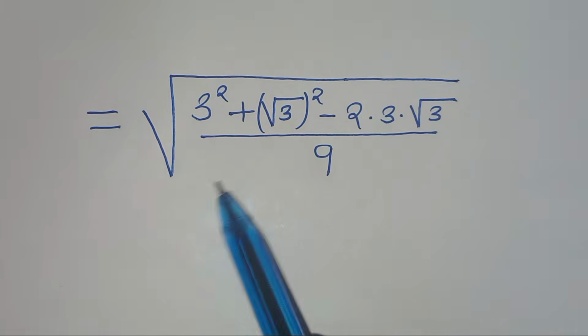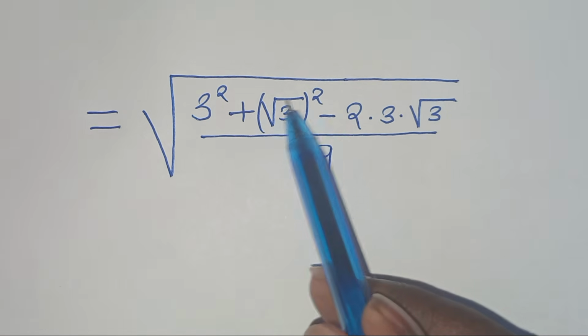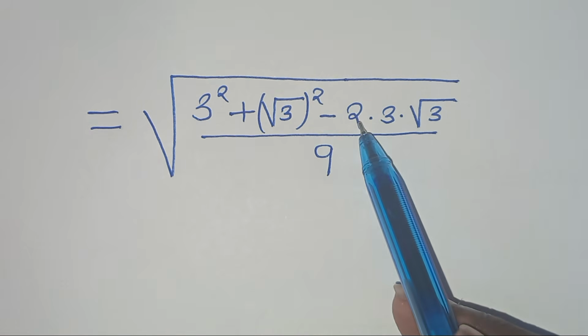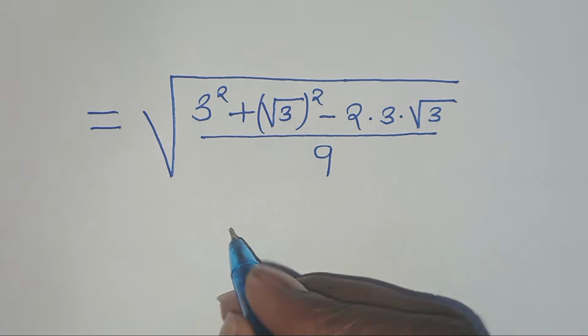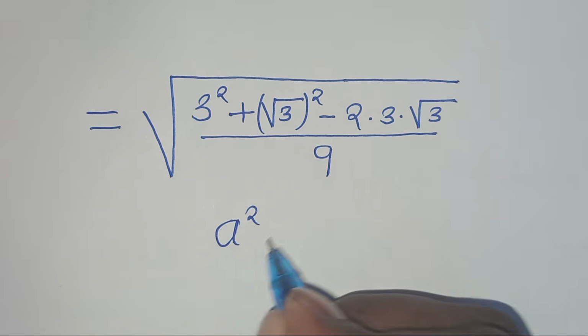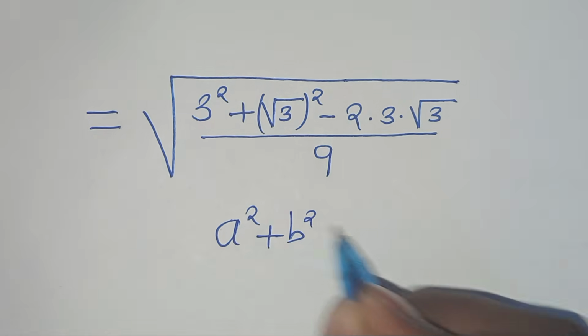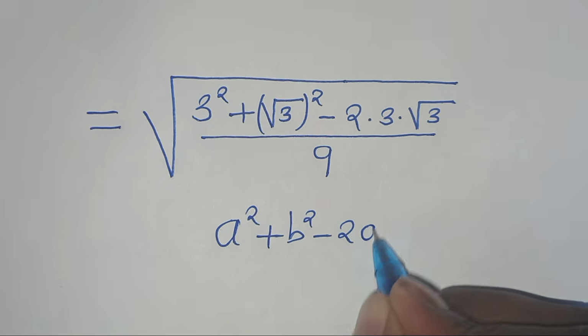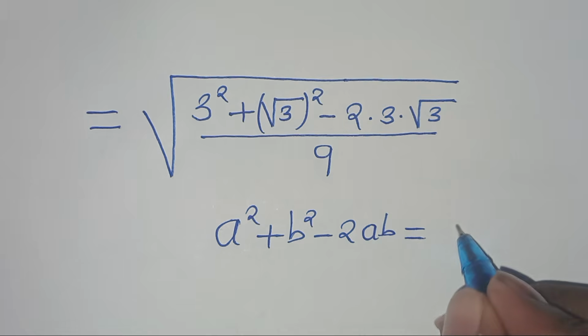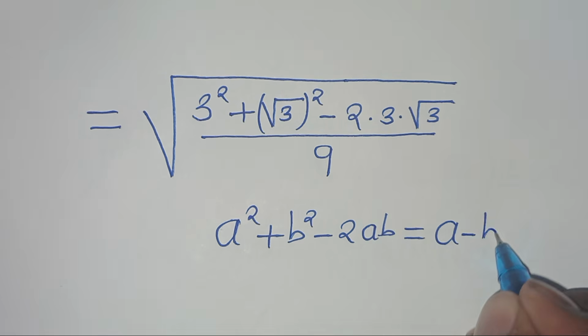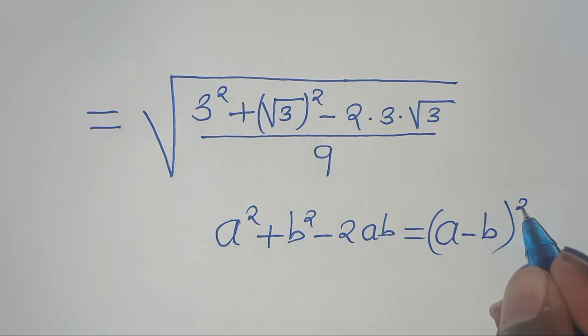Now, the next step is that 3 to the power of 2 plus square root of 3 to the power of 2 minus 2 times 3 times square root of 3. This is in the form of a squared plus b squared, subtract 2 times ab, which we can express as a subtract b raised to the power of 2.